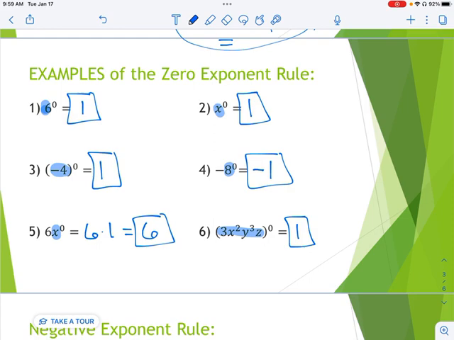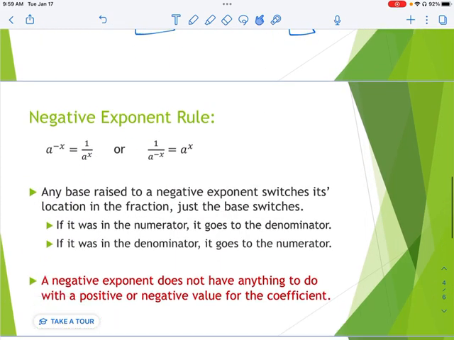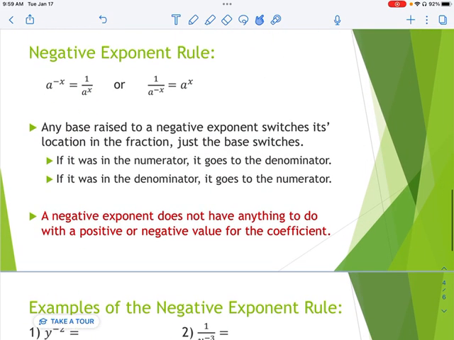Okay, so as you can see, you have to be very careful with what is considered the base. Okay, now next thing we're going to talk about is the negative exponent rule. So now when we look at the negative exponent rule, what it simply says is a to the negative x is equal to 1 over a to the x, or 1 over a to the negative x is equal to a to the x.